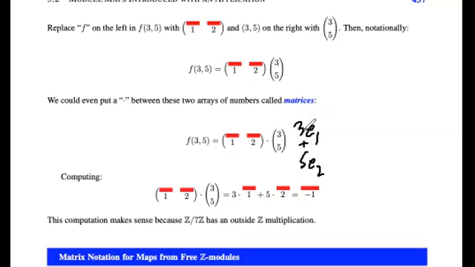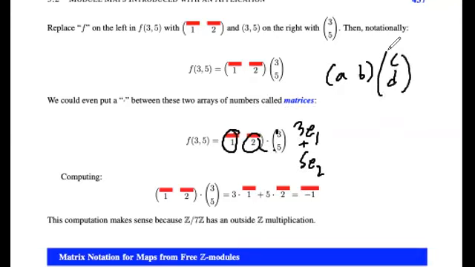So you can quite literally just replace this E1 by 1 bar, this E2 with 2 bar, which is what their images are, add and get this. Another way of thinking about this is you take this and multiply it by that, then add that to this multiplied by that. If you've seen dot products before, or even matrix multiplication, it looks the same. So this times this plus that times that. Essentially, that's all we're doing, and we're just writing it notationally.